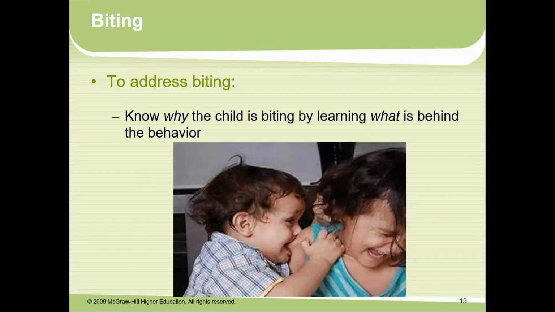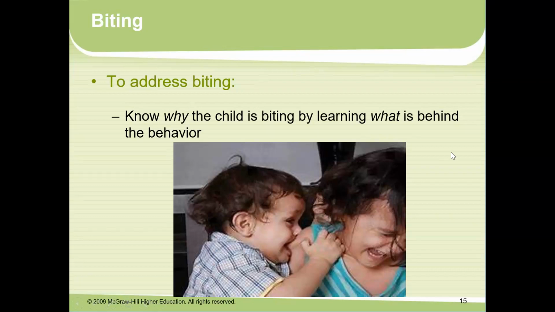To address biting, we first have to know why the child is biting, and second, we have to learn what is behind the behavior. So, why and what? Maybe they're tired. Maybe it's a learned behavior. Maybe they didn't have the words to express that they wanted to play with that toy and got really upset. I don't have the words, so I'm just going to bite you to let you know that I want that toy. Right.